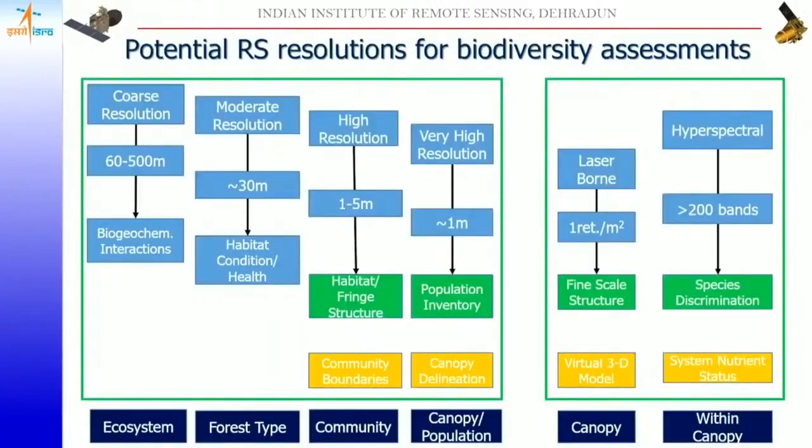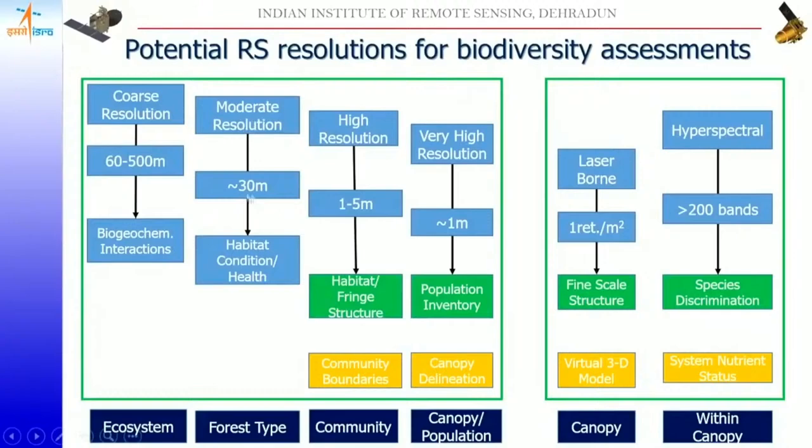So one thing is important to mention: what are the different remote sensing satellites and resolutions useful for the assessment of biodiversity. Coarse resolution data, basically more than 60 meter spatial resolution up to 500 meter, is important for ecosystem level assessment of the area, and for the different biogeochemical interactions in a landscape.